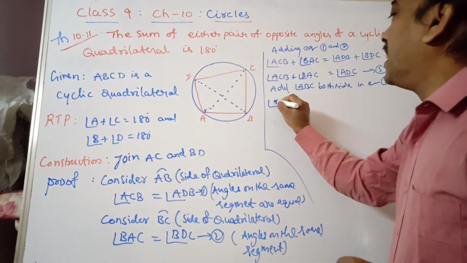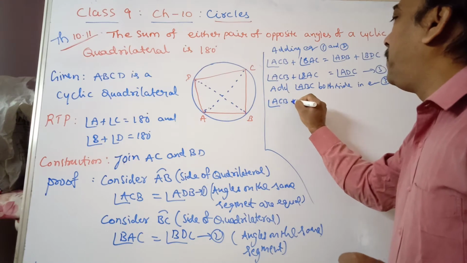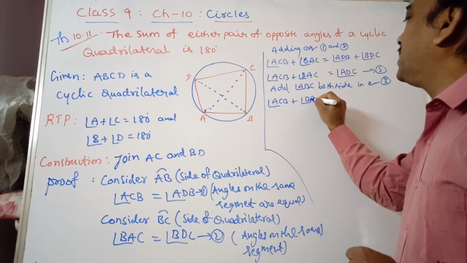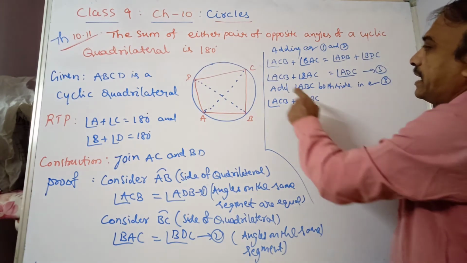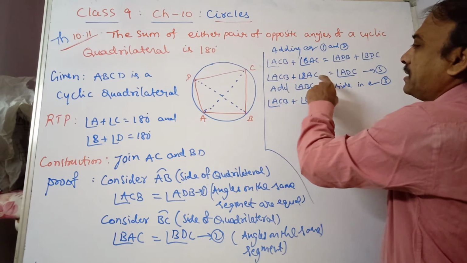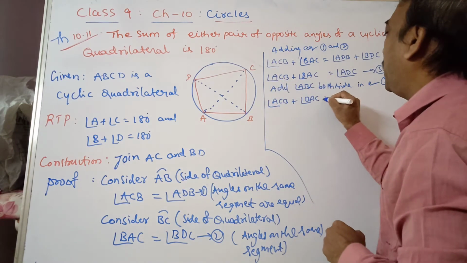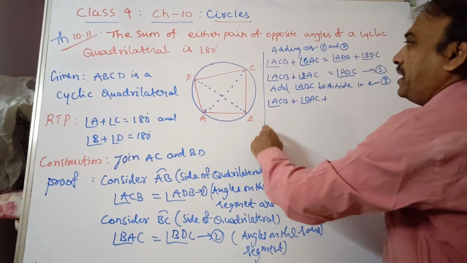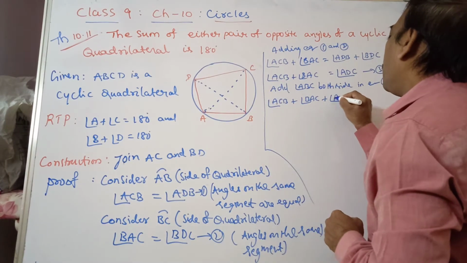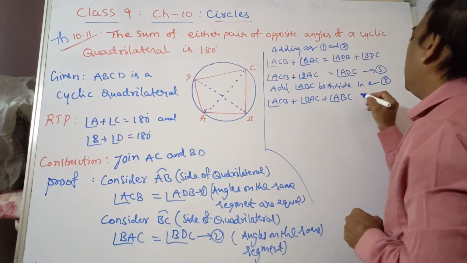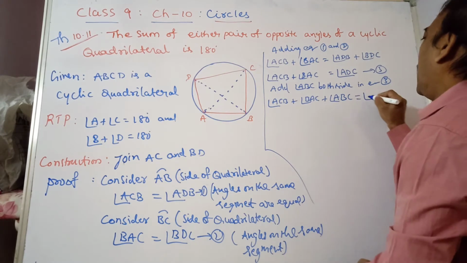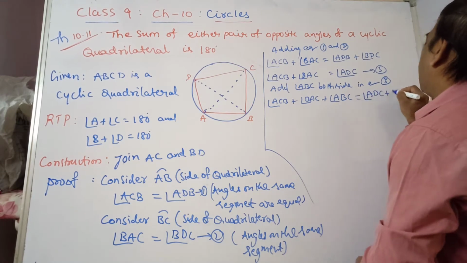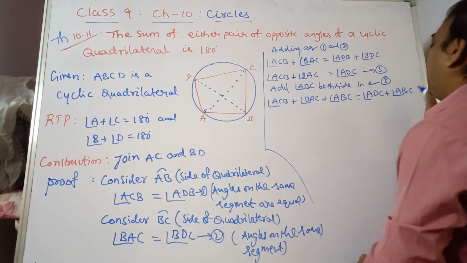Observe it. Angle ACB plus angle BAC plus angle ABC is equal to angle ADC plus angle ABC.